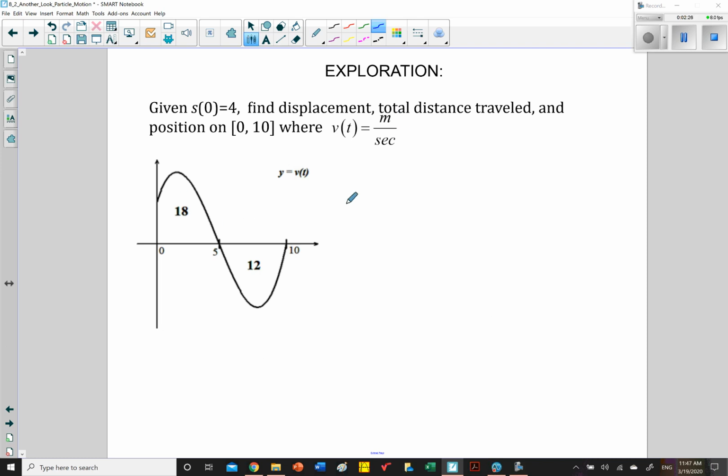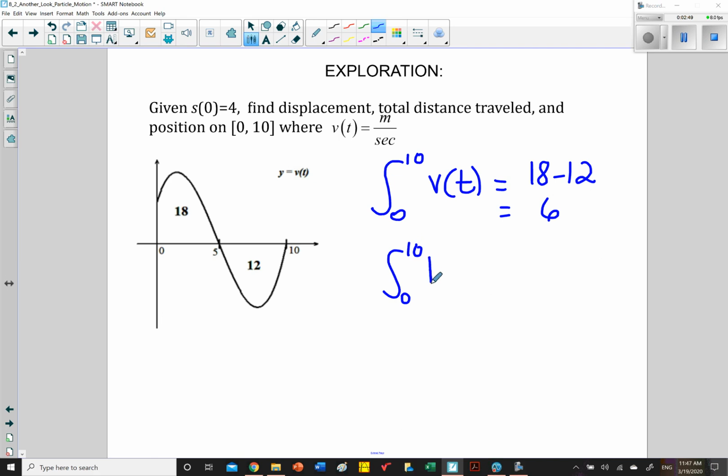Here's our velocity graph. So in this instance, if we calculate the accumulated area from 0 to 10, that's going to be 18 minus 12, which will be a displacement of 6. If we calculate the absolute value of velocity, which is the total distance traveled, that's 18 plus 12, or a total distance of 30 meters.